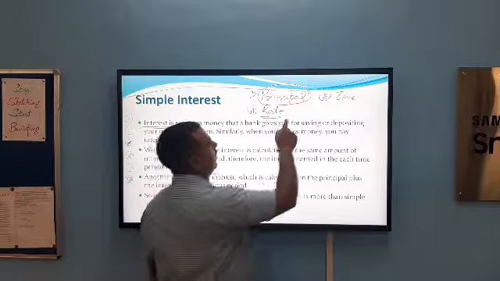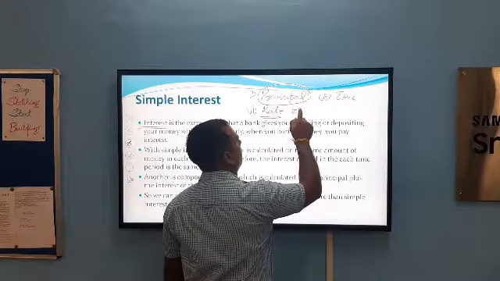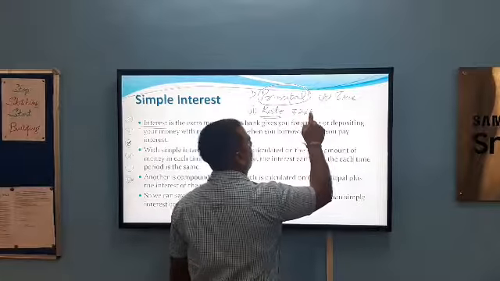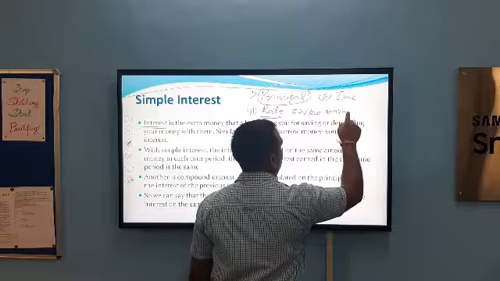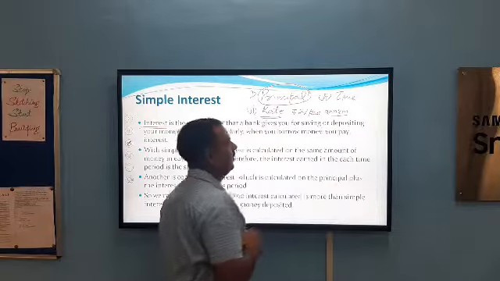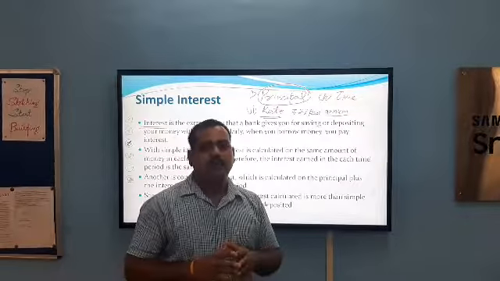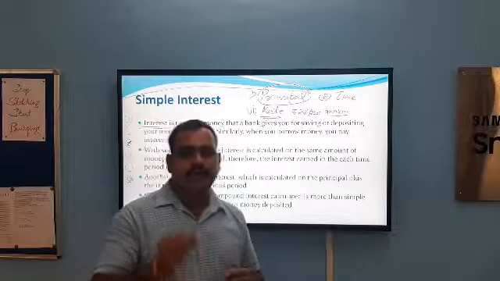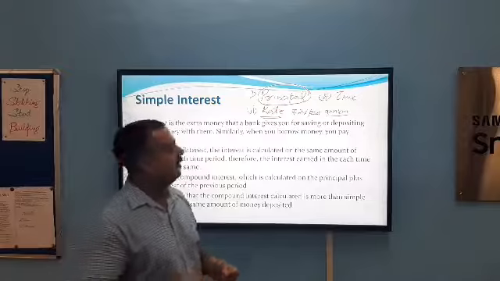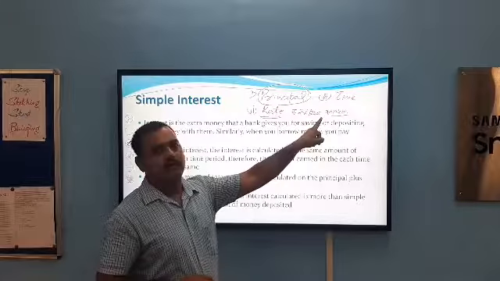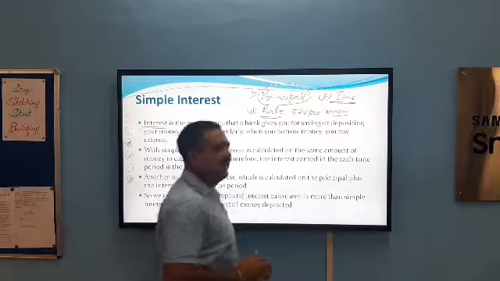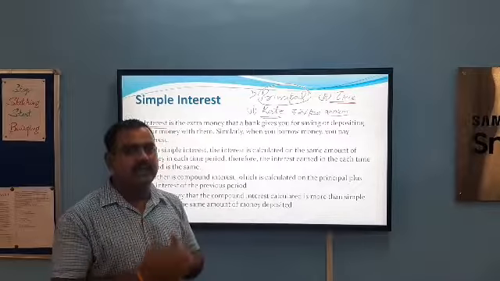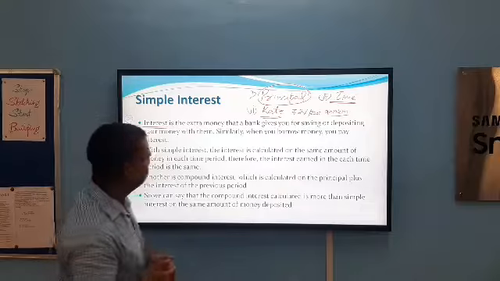For example, 2% per annum. Here annum means yearly, and 2% means we give 2 rupees interest on 100 rupees in 1 year. Now time is the time limit which is set for the whole transaction at the initial of the transaction.